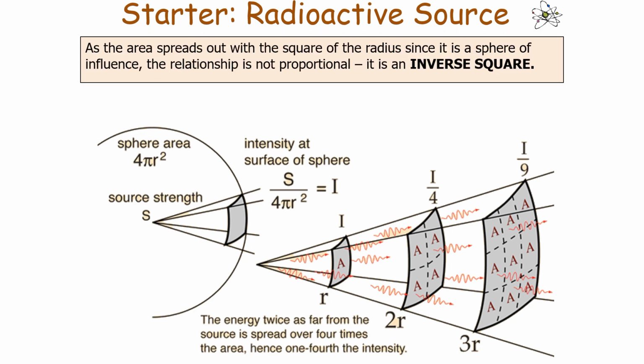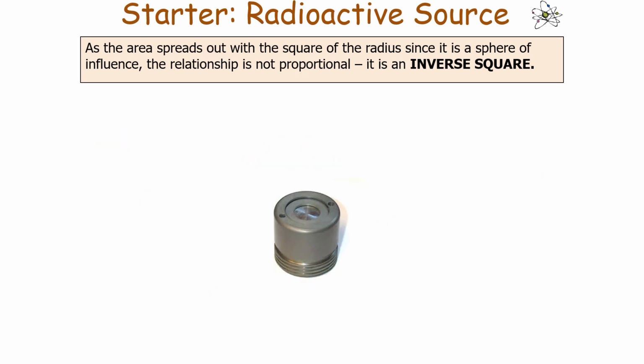Now, the area spreads out with the square of the radius, since the radiation is emitted in a sphere. The relationship is not a proportional one, rather it's an inverse square. You can observe this with the following idea.